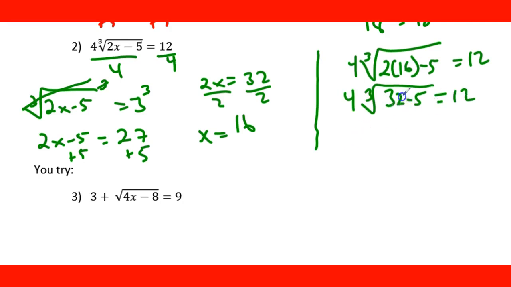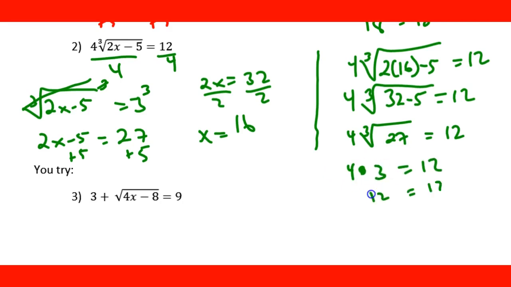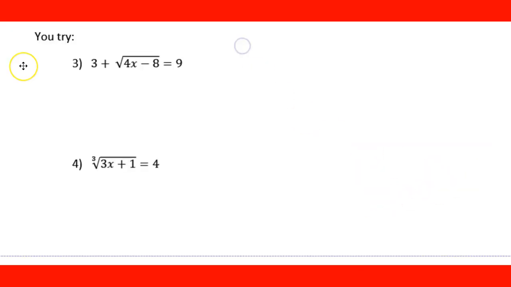And then right here, we have 32 minus 5. That's going to be 27. The cube root of 27 is 3. And 4 times 3 is 12. So there we go. That checks out.